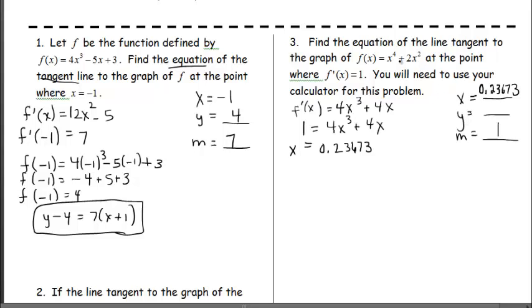Now to get the y-coordinate, I'm going to type this into y equals and evaluate it at this x value. As a result of that process, this is the output, the y value. Okay, and so to find the equation of the tangent line, just finish by using the point slope formula.